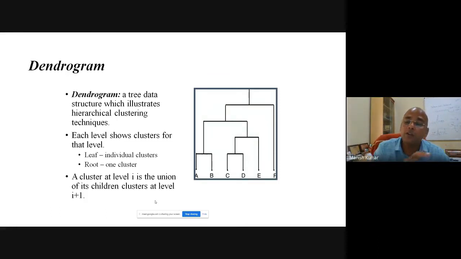So depending upon the line of intersection you draw, that is the number of clusters you will retrieve. This figure is generated out of the clustering, and the clusters can be retrieved by drawing the line at any level of the dendrogram depending upon your requirement.